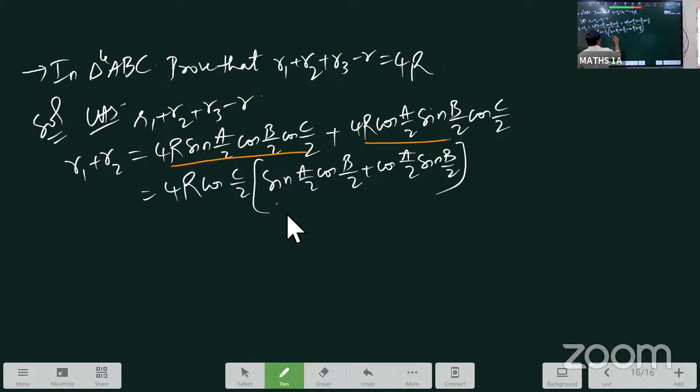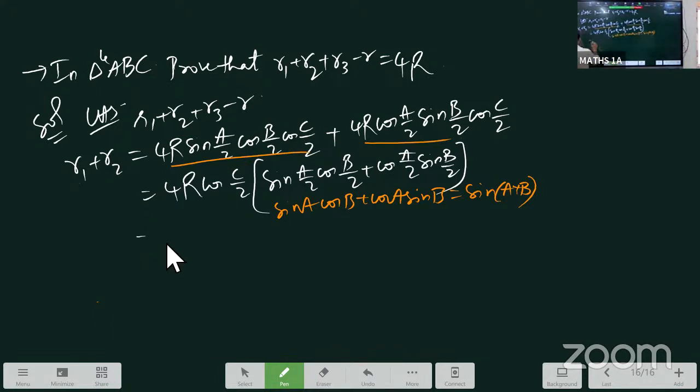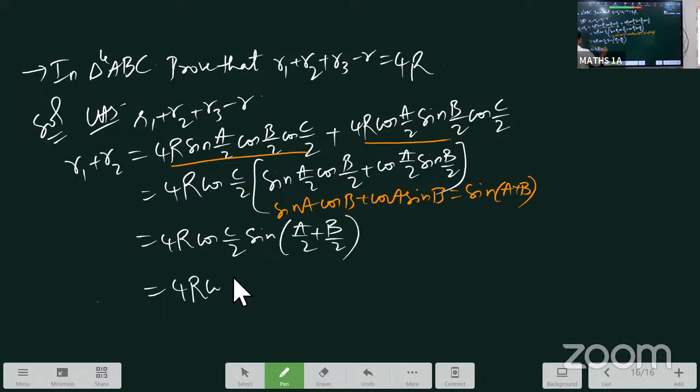Now, how does it look? Sin A cos B plus cos A sin B, sin of A plus B. That is 4R cos C by 2 sin A by 2 plus B by 2. 4R cos C by 2 sin pi by 2 minus C by 2.